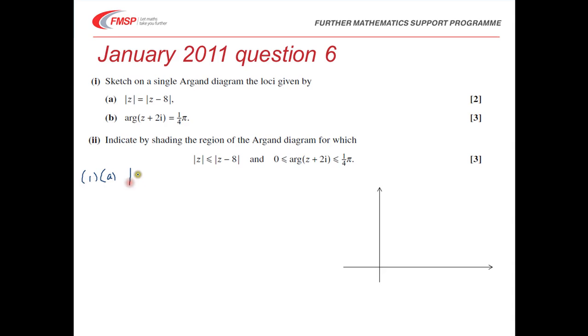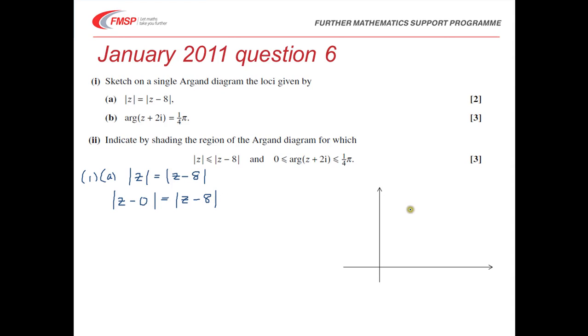Mod z equals mod z minus 8. So what that is actually saying geometrically, because we could put in a 0 here, is that it's the locus of the points which is equidistant from 0 and 8.